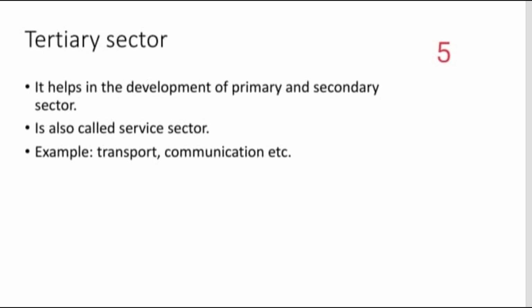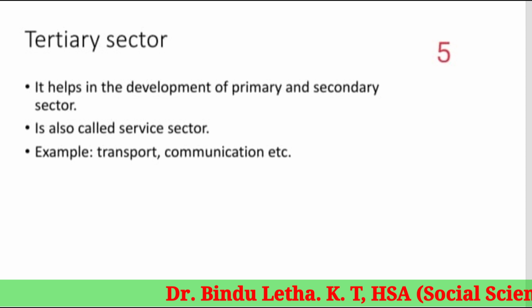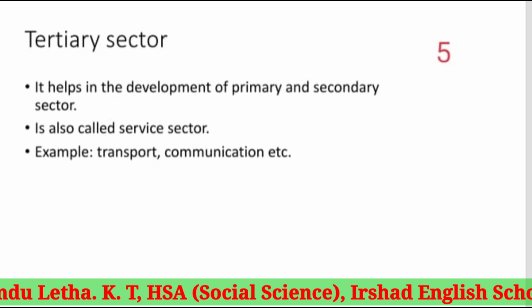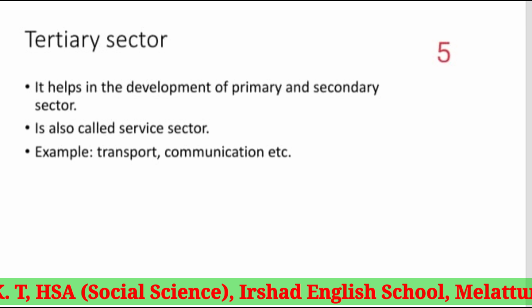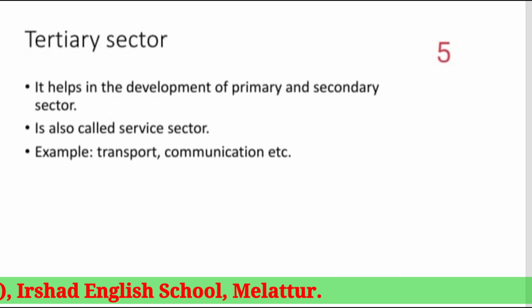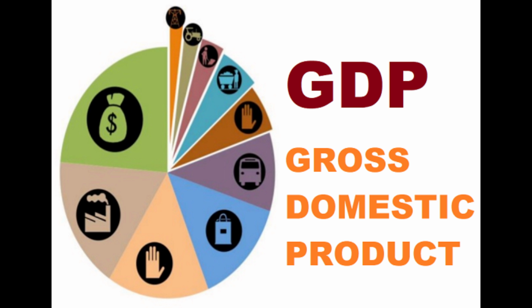Next, we have to check how we count the various goods and services and know the total production in each sector. As you know, these different sectors contribute a lot to the Indian economy. That is why we count these goods and services, and we must know the total production in each sector. For this, we use the GDP.